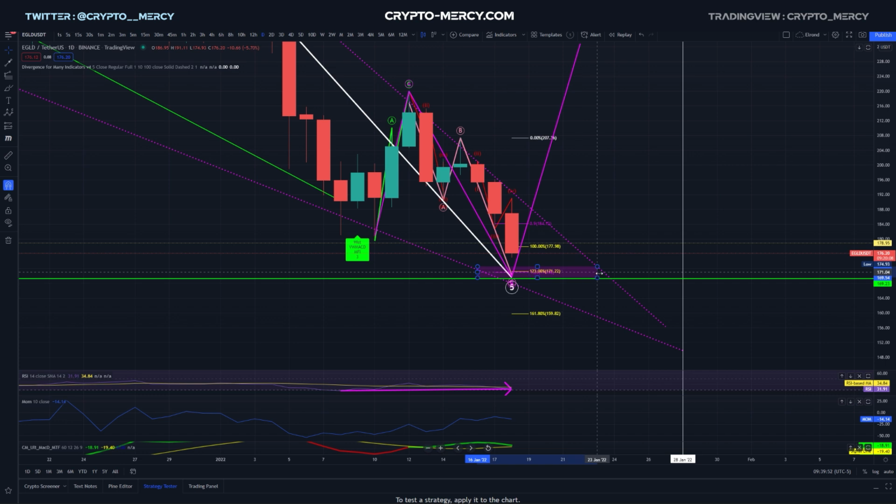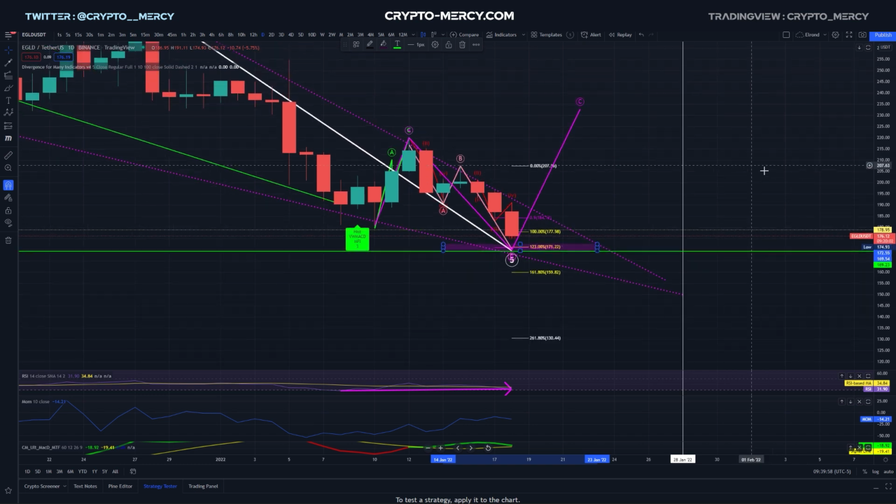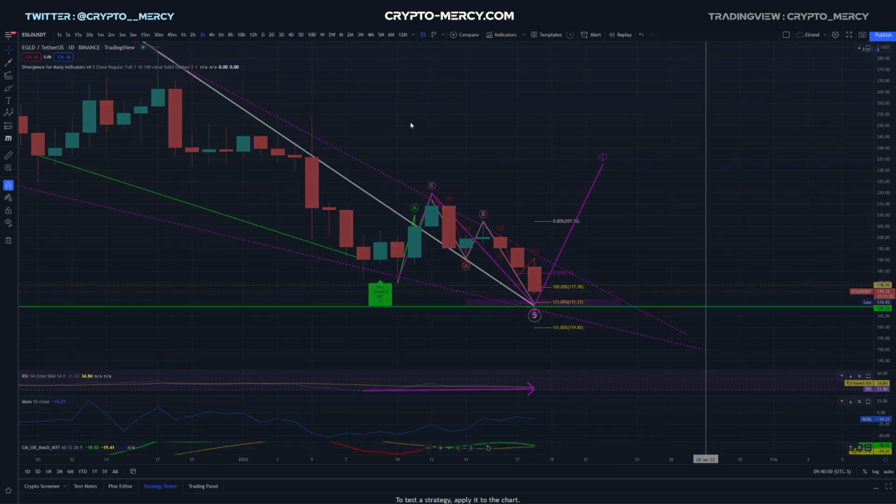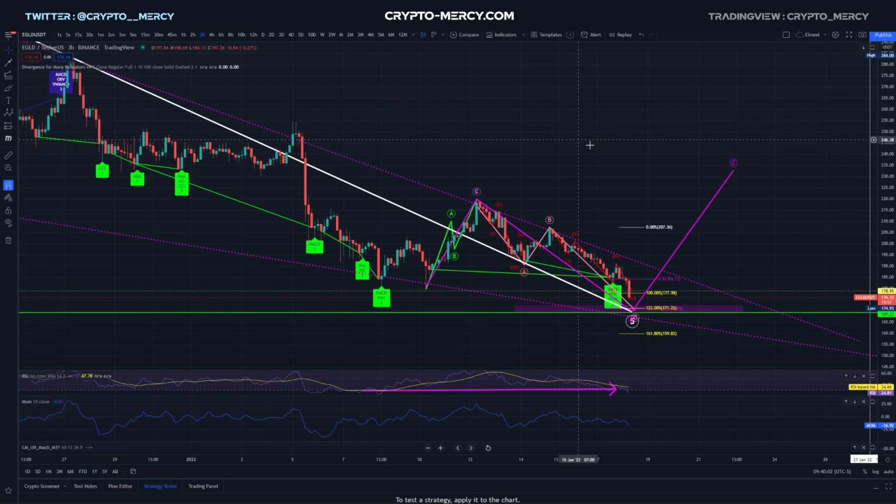I'm telling you, very nice opportunity to buy Elrond right here on this retracement. All right, 170, 171, 169, very nice targets for me. I'm a buyer, and you know, I'm waiting for the price to come down at that spot.